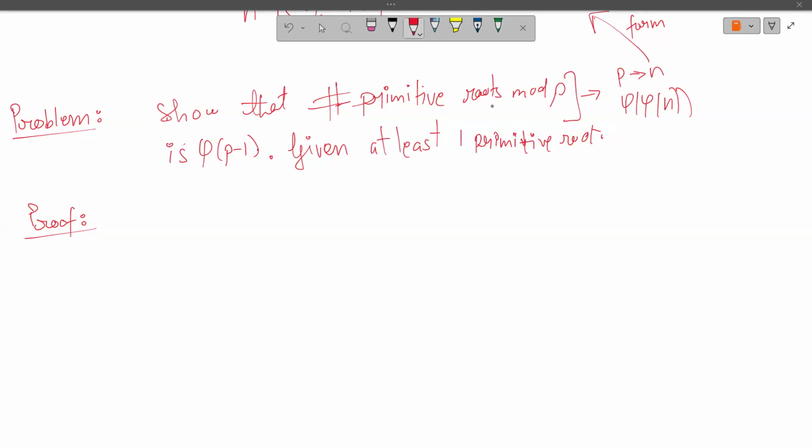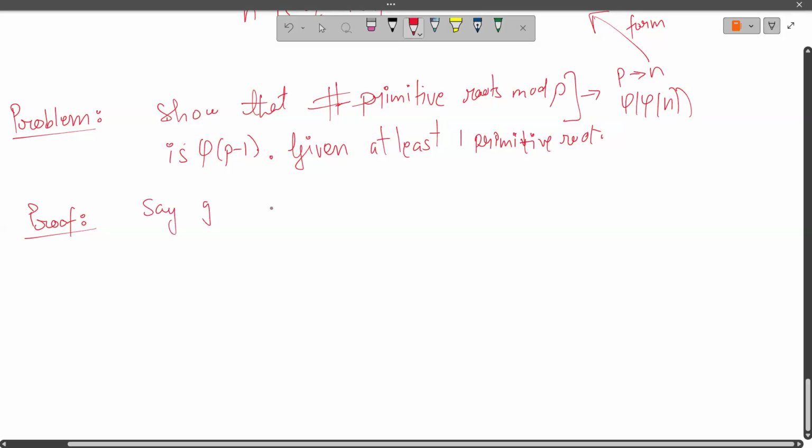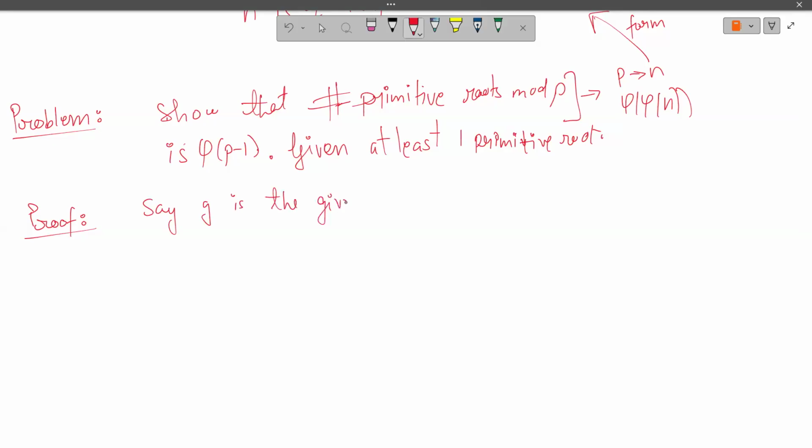Do we form some sort of cycle using exponents, like this primitive root will imply the existence of some other primitive root, and you jump between those or something like that? Yes, that is indeed a good idea.